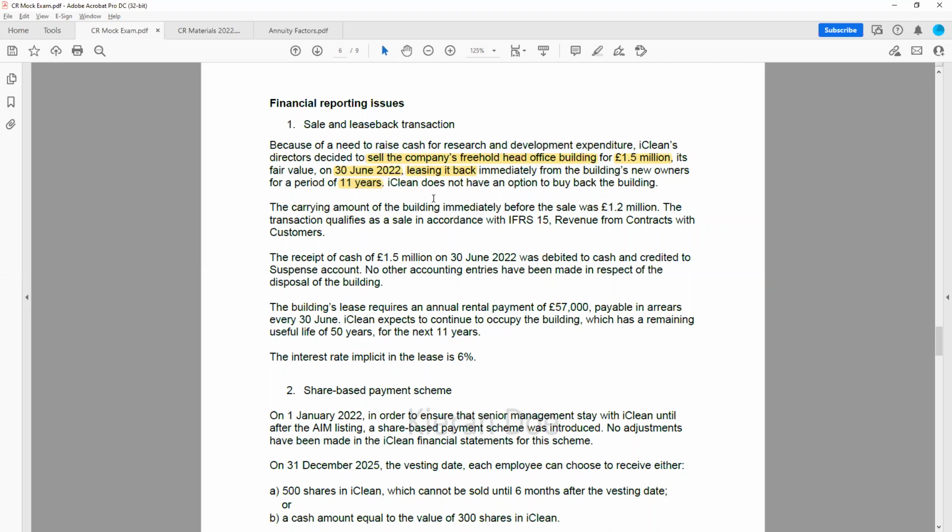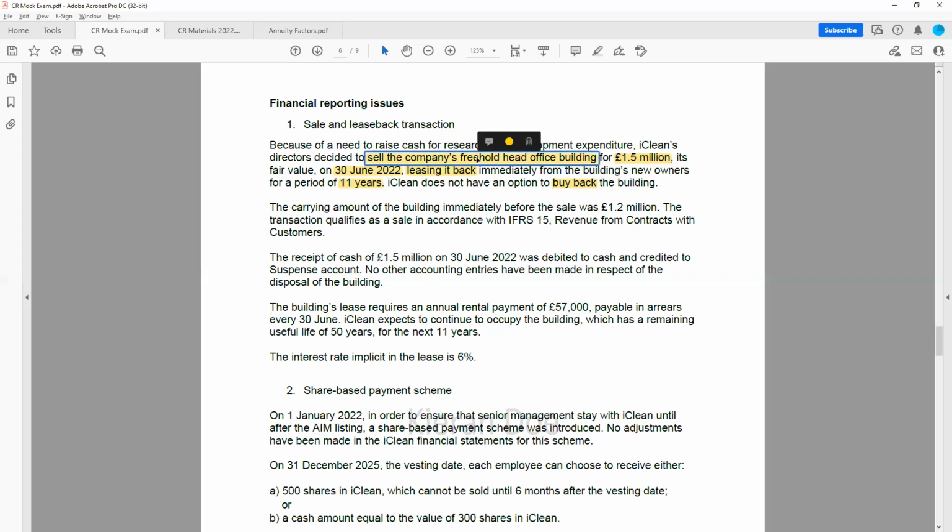So ICAEW does not have the option to buy back the building. So this isn't a sale and repurchase because they're not going to buy it back. Now, if it was a sale and repurchase, we might be looking at a financial liability because it's effectively just like a loan.